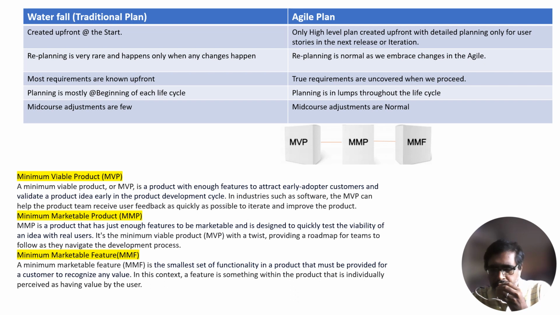Then estimation, and in estimation, relative sizing, story points, wideband Delphi, planning poker, that is an Agile game for estimation, affinity estimating, that is an Agile game for estimation, story point estimation guidelines, ideal time and real time estimations. So we are going to discuss that.